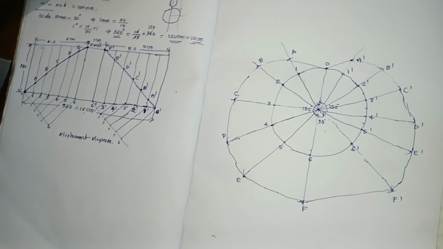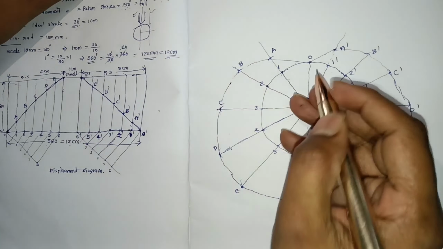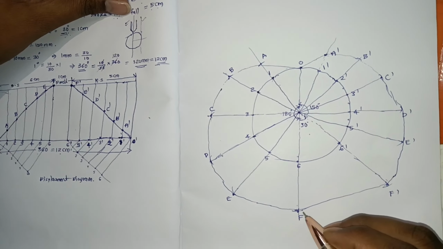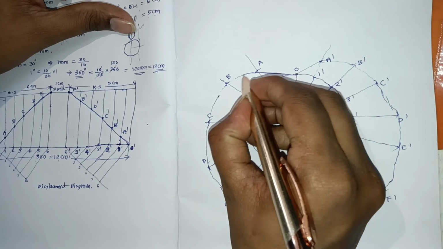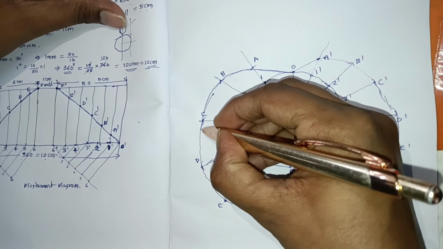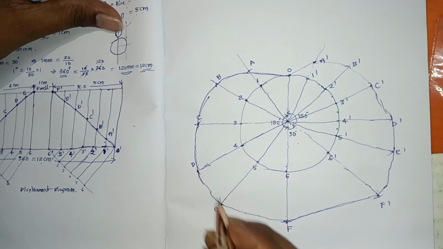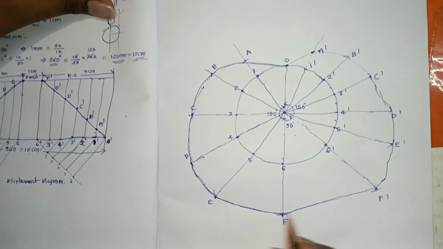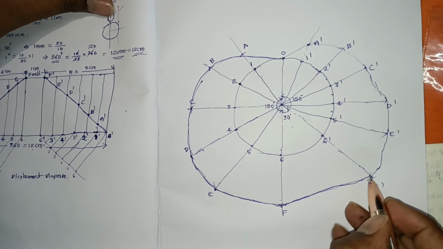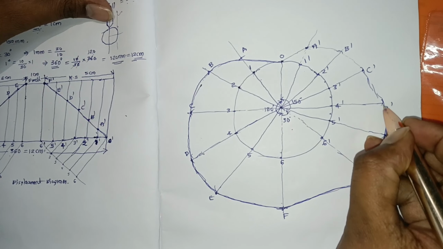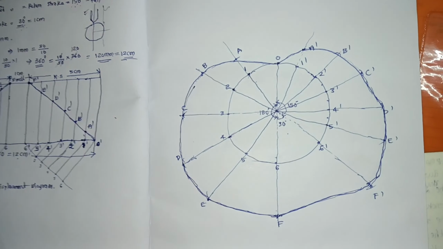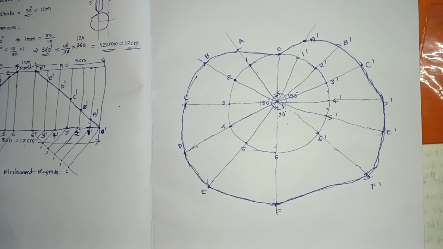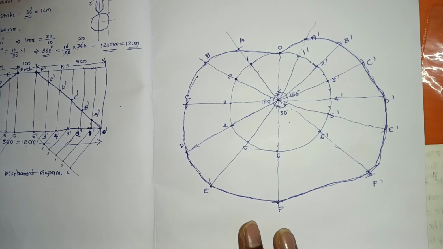Like that, you will get the shape. Once you check the shape, if it is okay, then you have to darken that line. You have to draw the thick line. If you follow as per dimensions, you will get the exact shape. This is the process, this is the procedure.